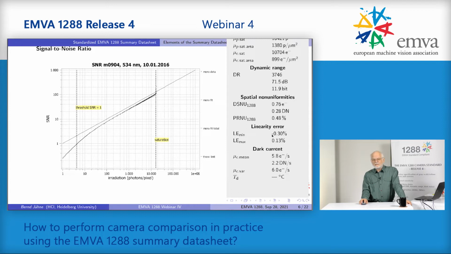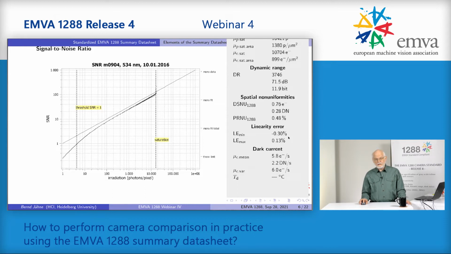That turned out to not be a very stable measurement, so we will see the change which is going to take place in release 4.0. But if you just look at these figures, linearity far below 1% is already an excellent linearity of this camera.